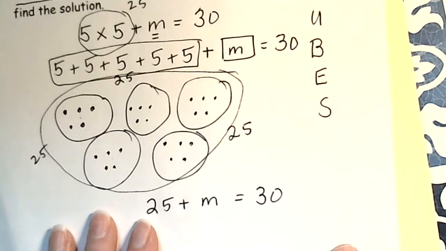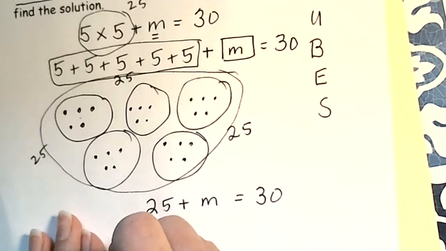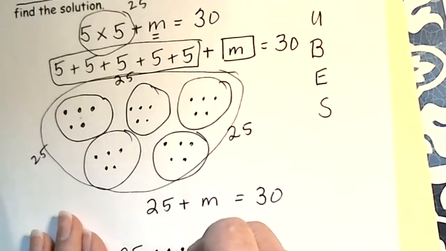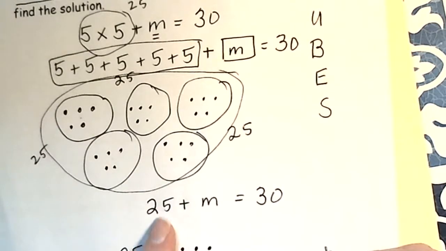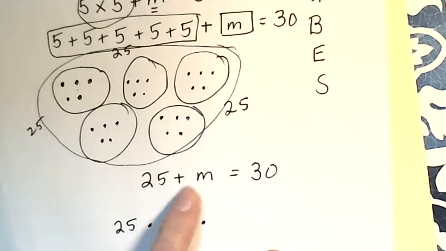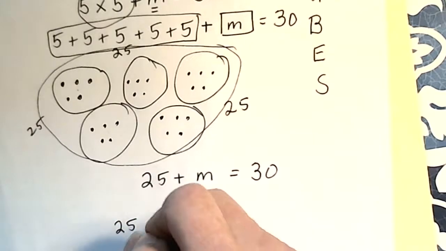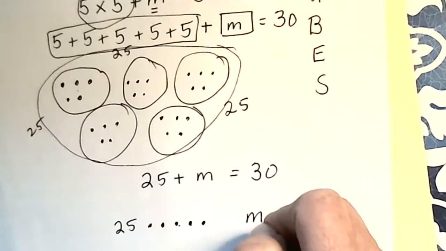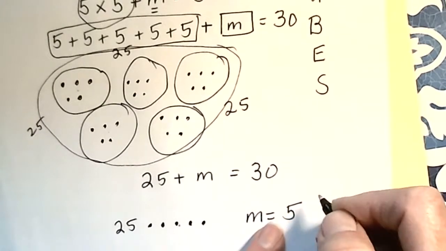If I didn't know that 25 plus 5 equals 30, I could just say 25 and then put some dots, 26, 27, 28, 29, 30. So M equals 5.